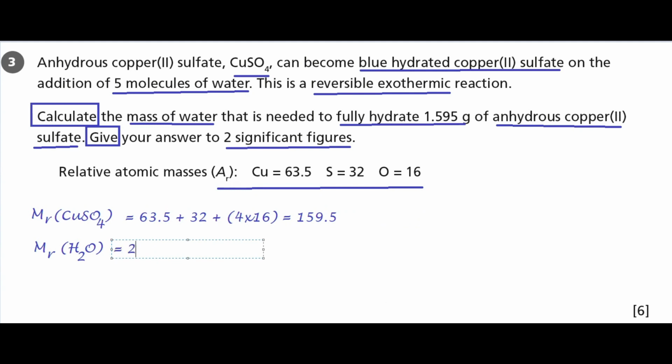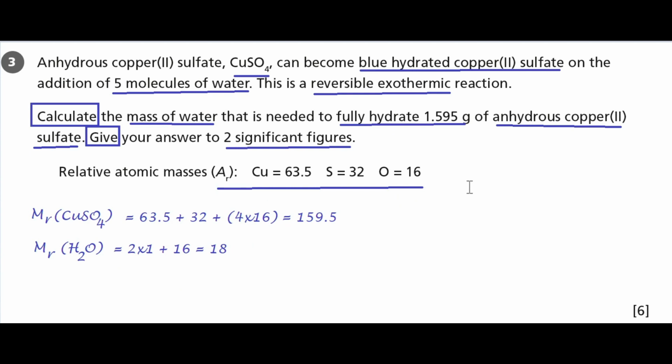So we're going to do 2 lots of hydrogen, and add that to oxygen, and we get an answer of 18. So these are the relative formula masses for water and for copper sulfate. Please notice that there are no units, and also there are no units for the relative atomic mass either.